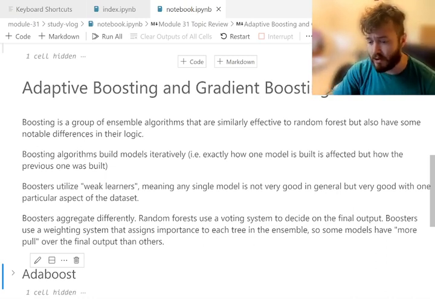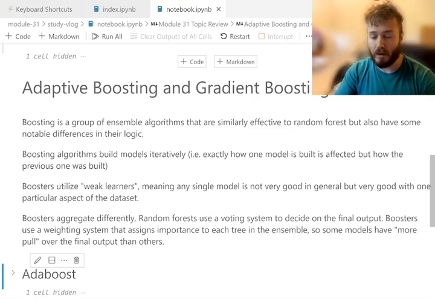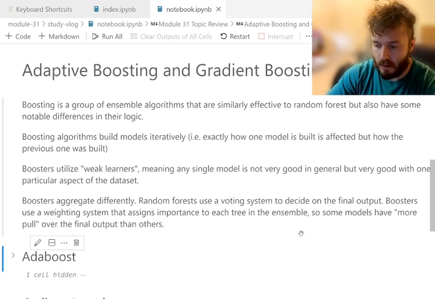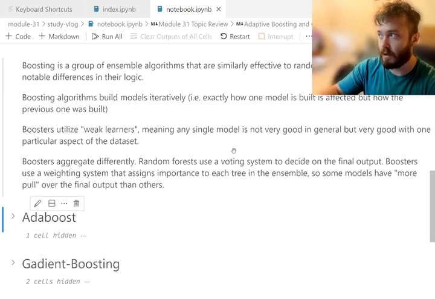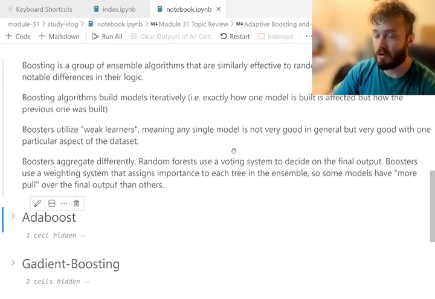There are different types of boosting algorithms, so there are different ways that weighting system is calculated, but nonetheless, all boosting algorithms use this weighting system in some way. It's not like you have these different models voting so much as you have these different models contributing to some prediction at varying degrees.